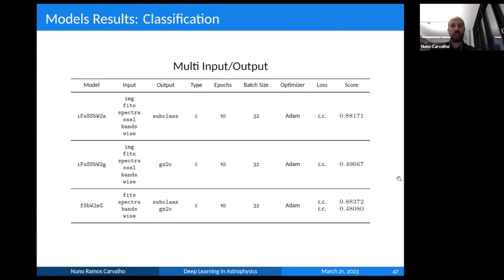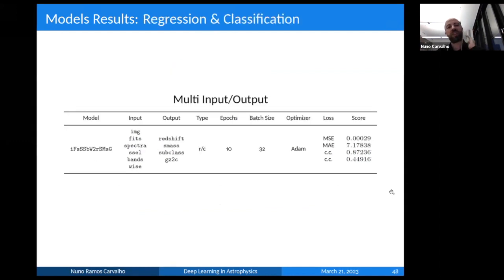So, the multi-input, multi-output models also worked well. I mean, we still have the problem for the Galaxy Zoo classification, but for the subclass, it achieved a very good level of performance. And what was more interesting to me was to look at the model that takes all the inputs and comes up with all the outputs. Because we see, for example, for all the variables of interest, like the redshift, stellar mass, subclass, it achieved very good results when compared to the other ones.